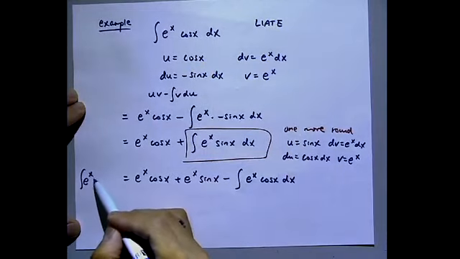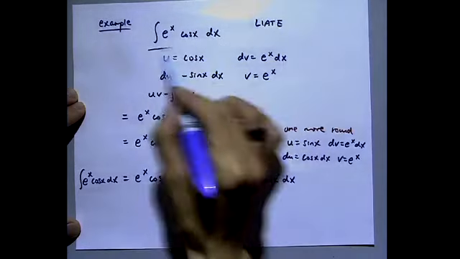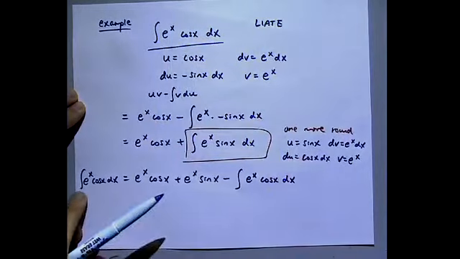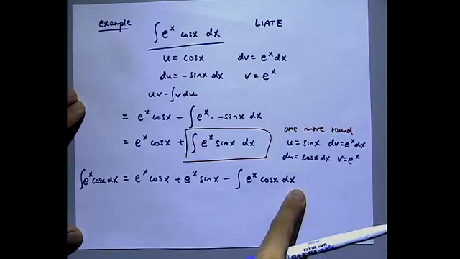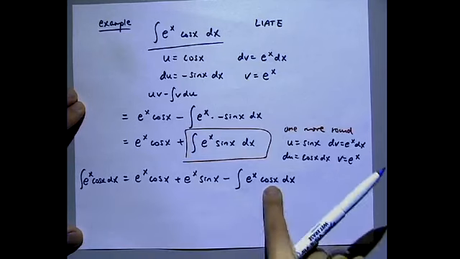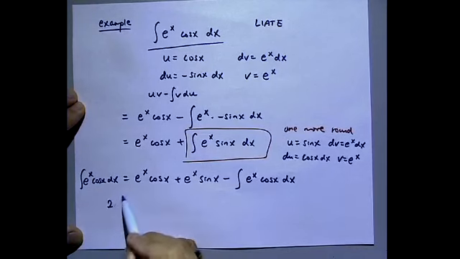But that's okay. This is the problem we're trying to solve. And all of these things tell me that what we're trying to solve is equal to all of this stuff. Right? Notice this shows up on both sides. So what if I add this over to the other side? Then I get twice of what I wanted.